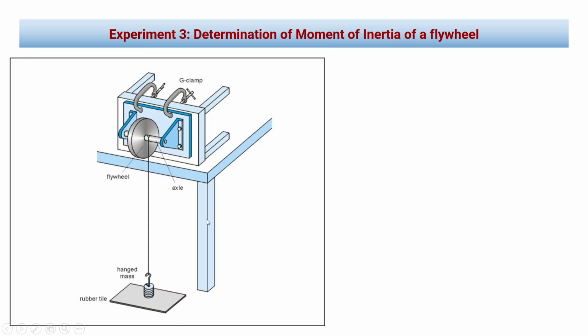This wheel is what we are calling a flywheel, and this rod going through the wheel is the axle. This wheel and this axle together are called the flywheel whose moment of inertia we want to find out.